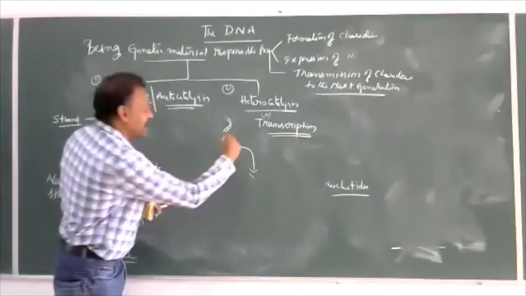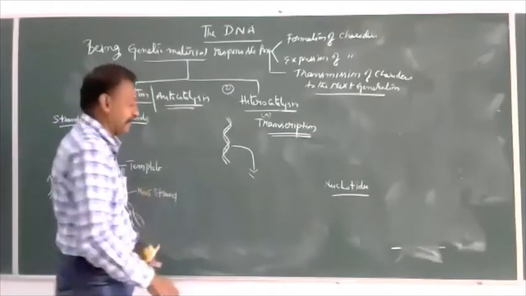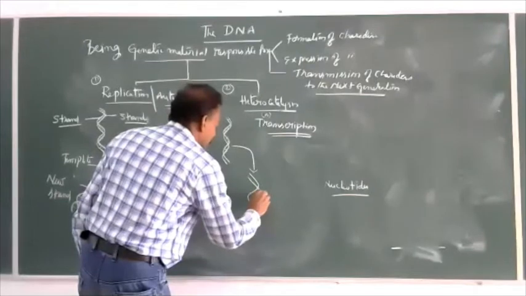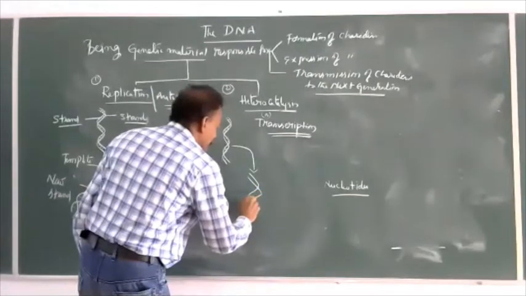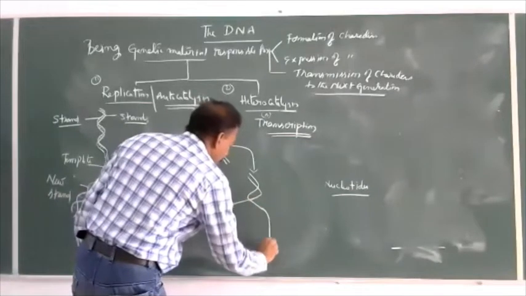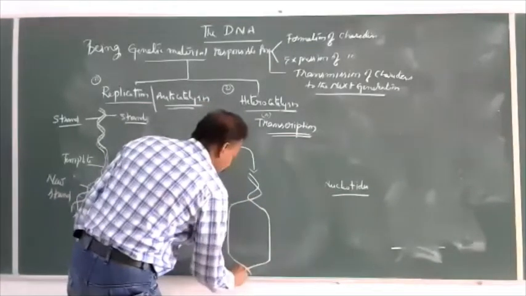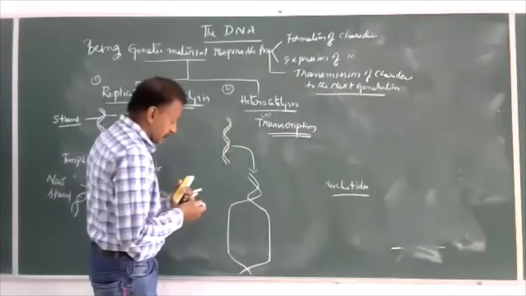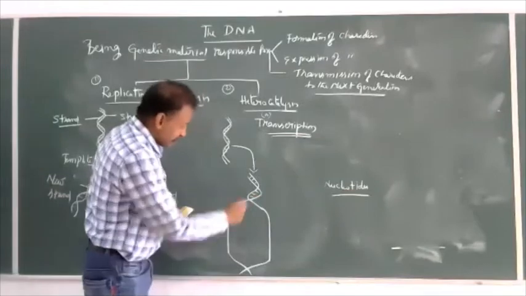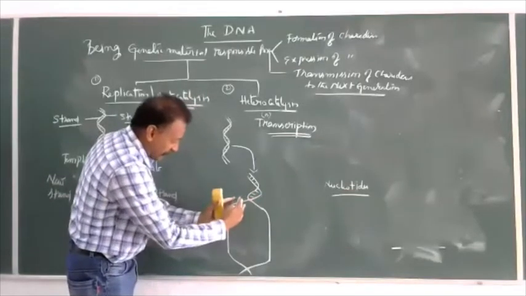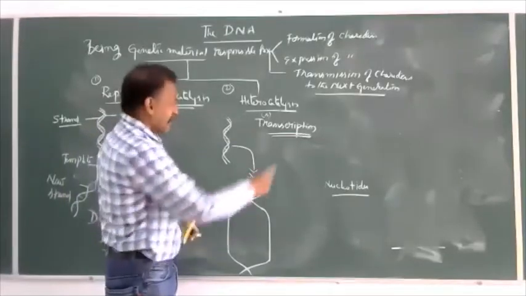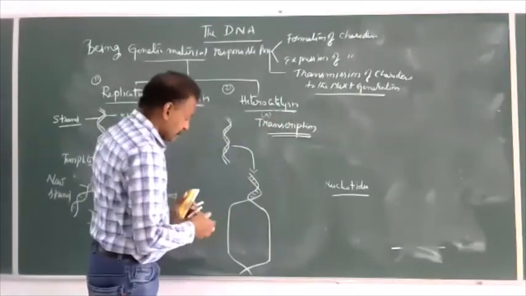A part of the DNA will break down and open like this. So this is a DNA molecule, two strands. Some part of these two polynucleotide chains separated, broken down, catalyzed.